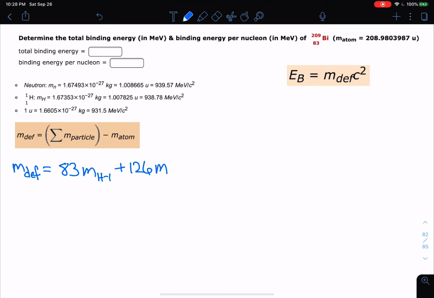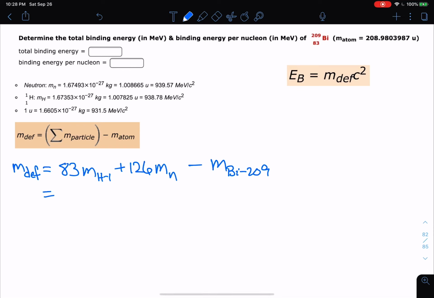What I'm doing in this first part is adding up the rest masses of all the particles that make up bismuth 209. Then I have to subtract the mass of bismuth 209.